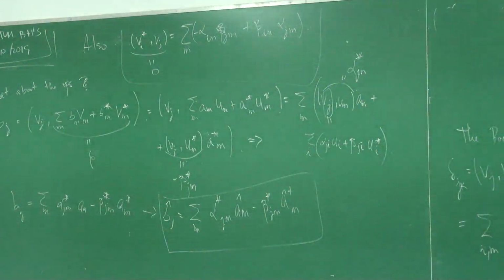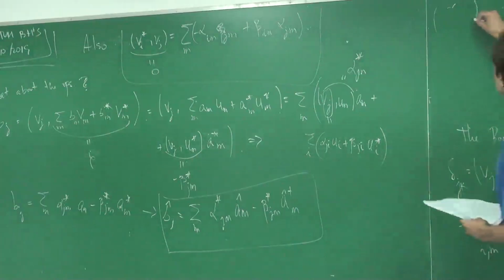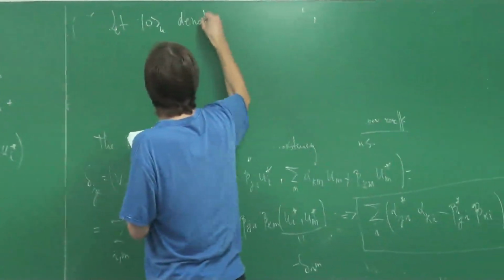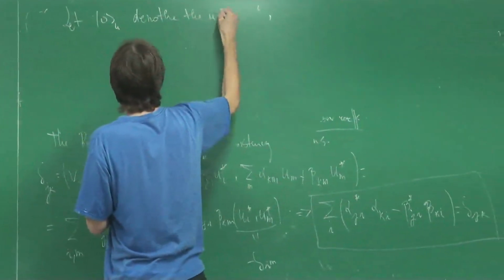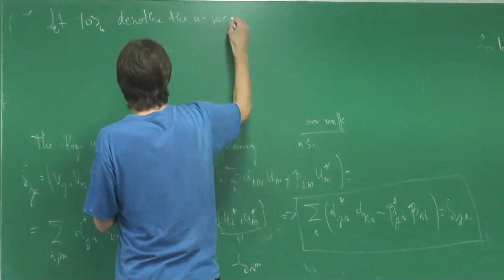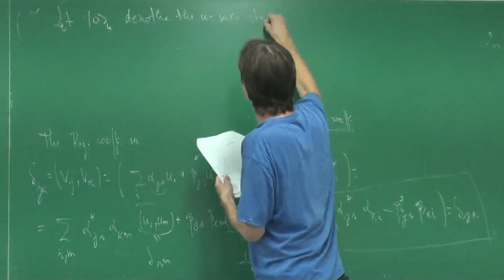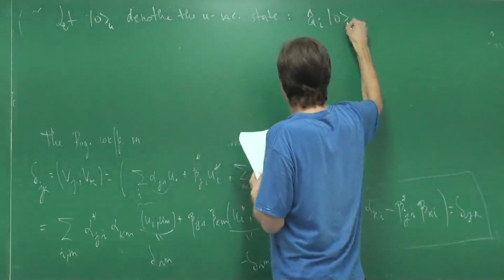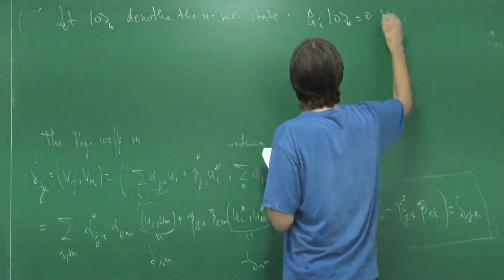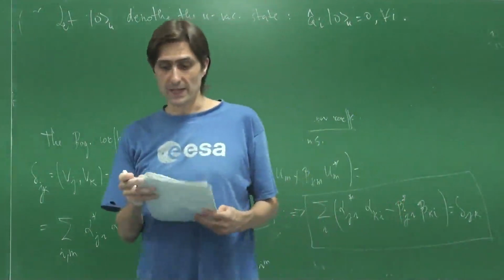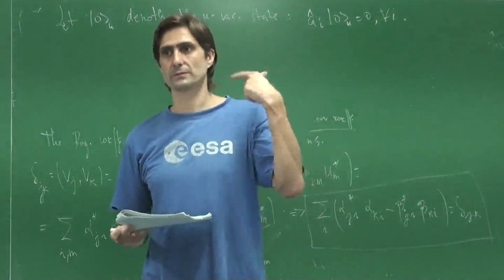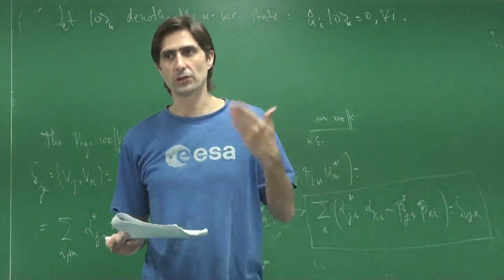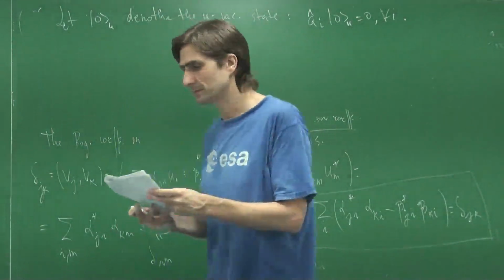Okay, let me write this. This quantum state denotes the U vacuum state, by which I mean the state that is annihilated by the A's, which are the Fourier coefficients when the field is expressed in terms of the U solutions.